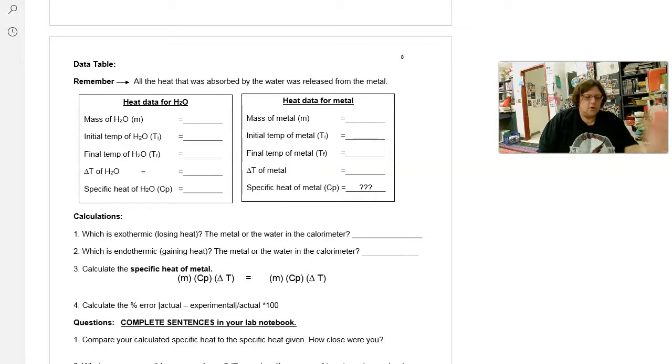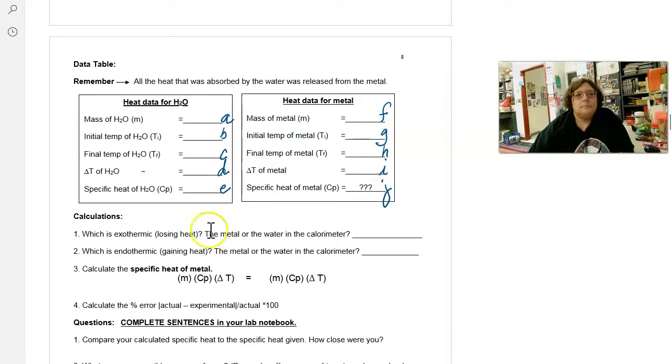If you would please go ahead and go through, you need to number or put a letter next to that line. We'll just go ahead and number all the way down with letters. This will help us to do some of the calculating.